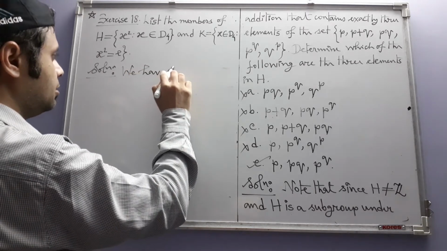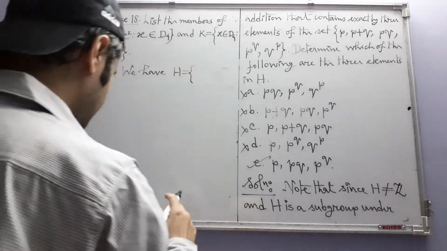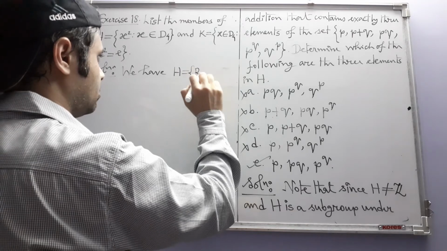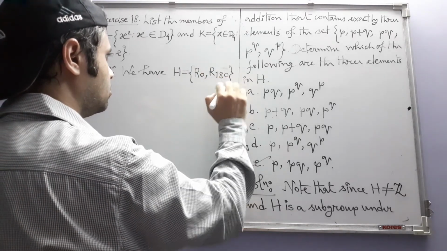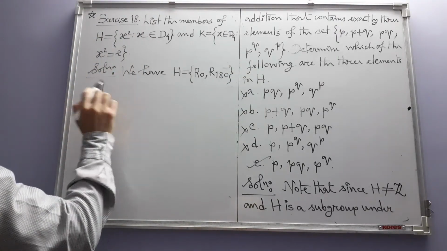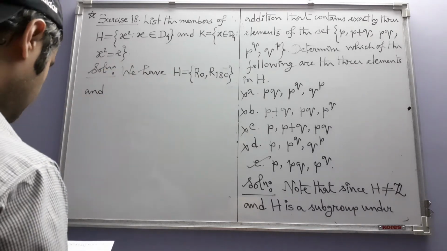And you will see that the squares are, each one of them is either the identity R0 or the rotation through 180 degree. And what are the elements whose squares are equal to the identity?